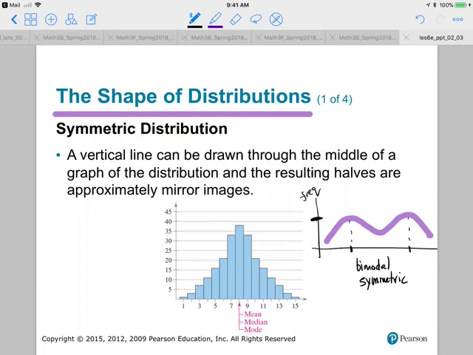If you have a distribution that is unimodal, meaning one mode, unimodal and symmetric, then we're looking at something like this, bell-shaped, right? Symmetric. The key thing for symmetric is that the mean, the median, and the mode are the same.